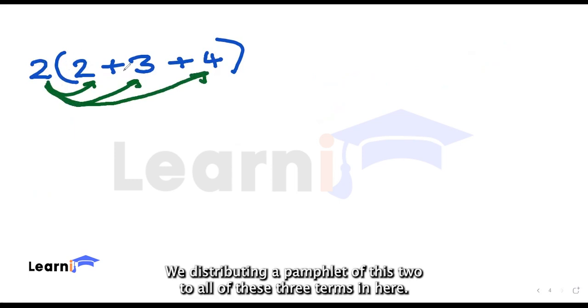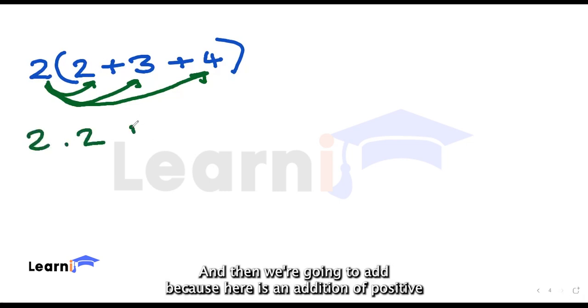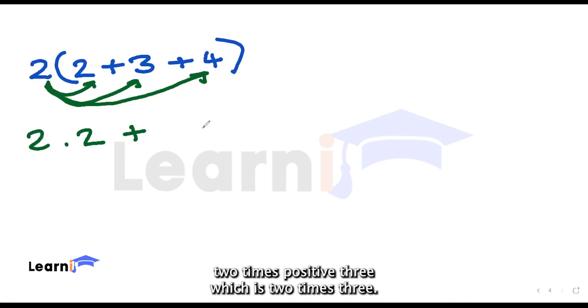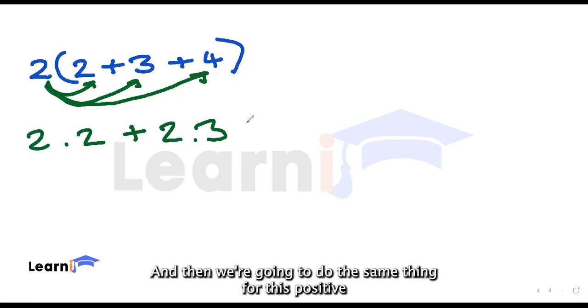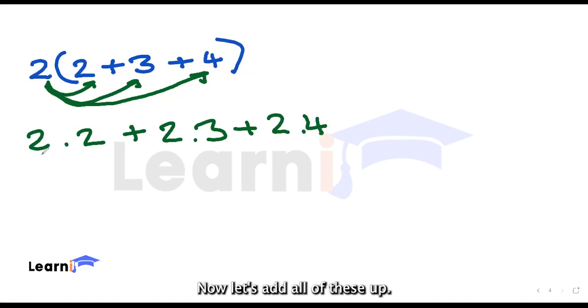Okay, we're distributing a pamphlet of this 2 to all of these 3 terms in here. So we're going to multiply 2 by 2 first, and then we're going to add, because here's an addition of positive 2 times positive 3, which is 2 times 3. And then we're going to do the same thing for this positive 4. Positive 2 times positive 4. Okay, now let's add all of these up.